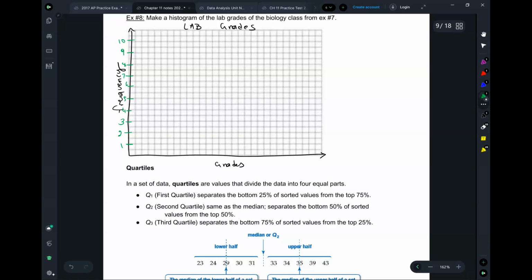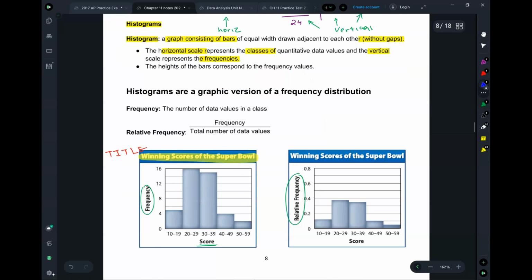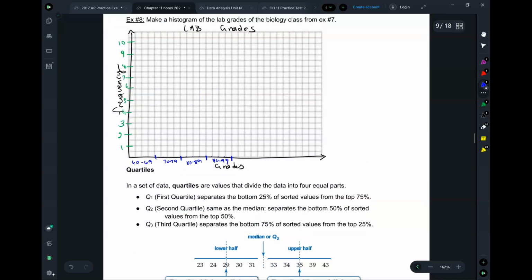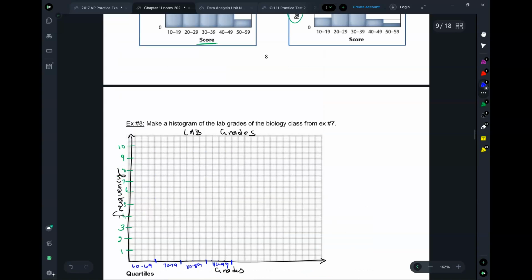Okay. And then the classes, we started with the 60s. Count how many squares you want to make a bar. I'm just going to do like 4 so I have enough room to write in. 60 to 69. 1, 2, 3, 4. That's up to you. 70 to 79. Okay. And then we put in our bars.